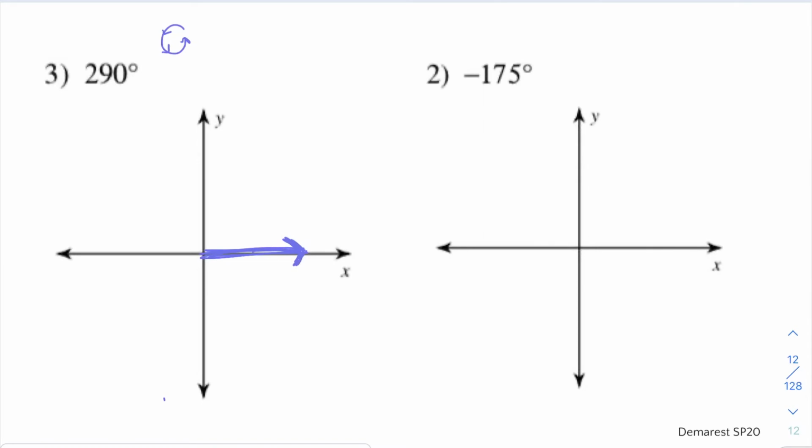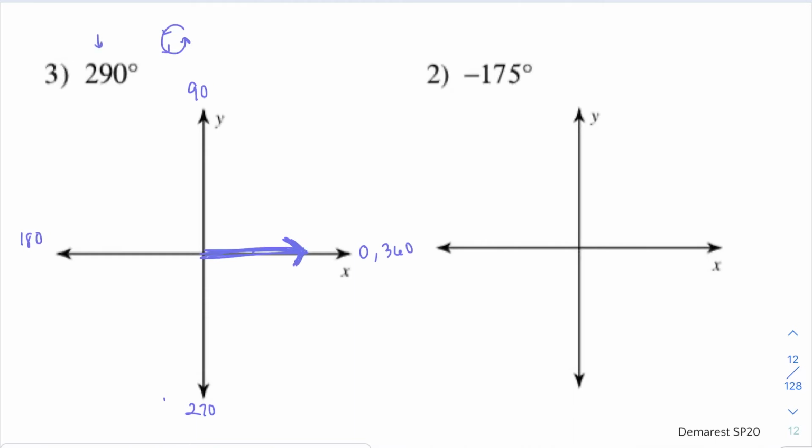All right, since I'm going counterclockwise and each quarter turn is 90, I'm going to go 0, 90, 180, 270, and 360. And what this allows me to do is place the quadrant this is going to be in. I know that this is going to be in quadrant 4, right?